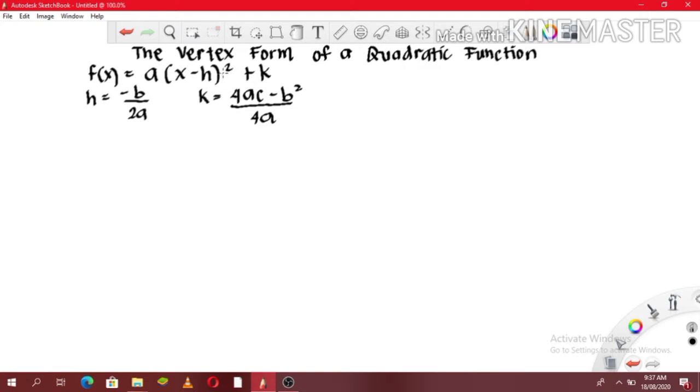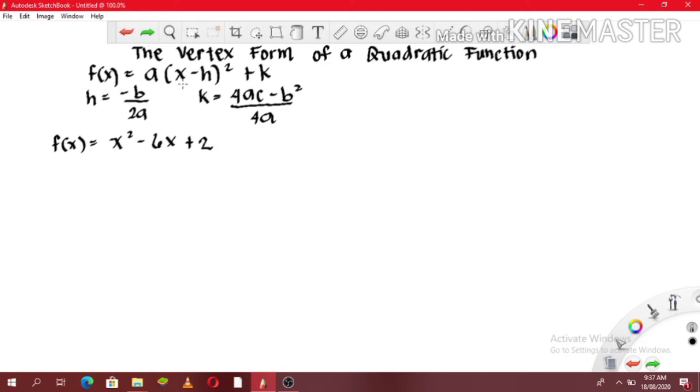Let's have an example. Let's say we have f of x is equal to x squared minus 6x plus 2. So, this quadratic function is written in its general form. Ngayon, how are we going to write this in the vertex form? Okay po?